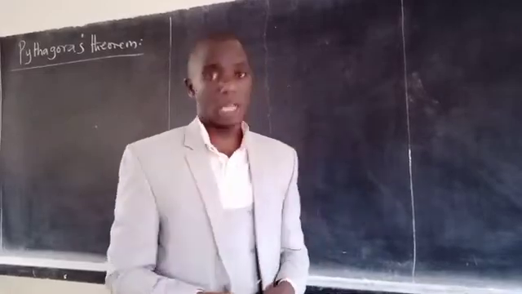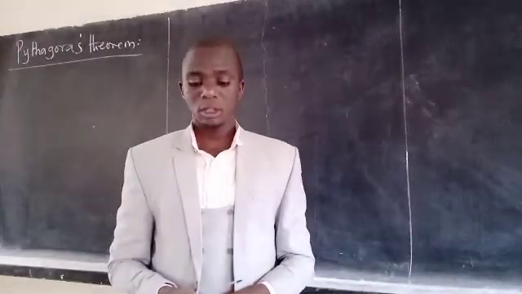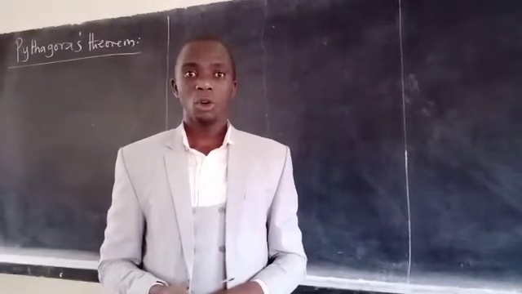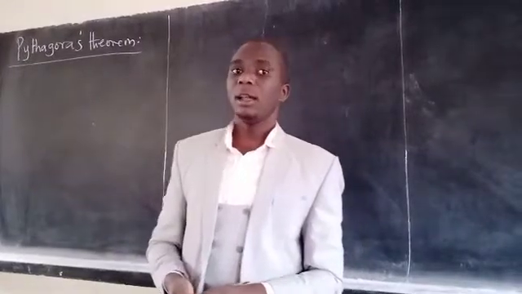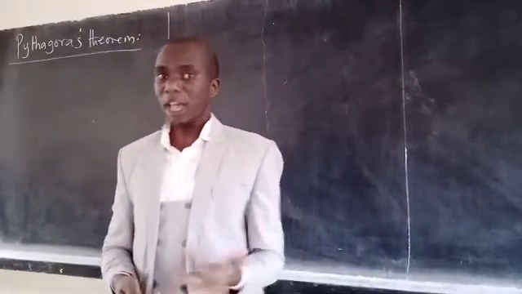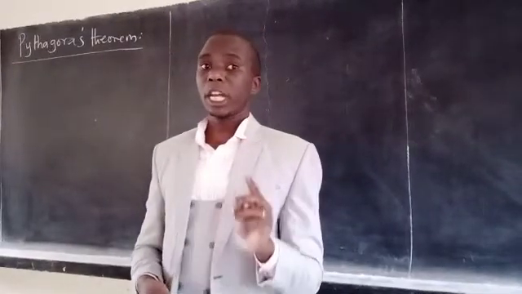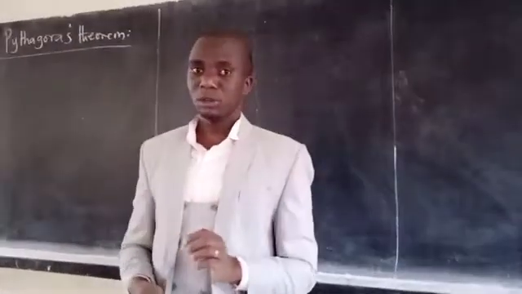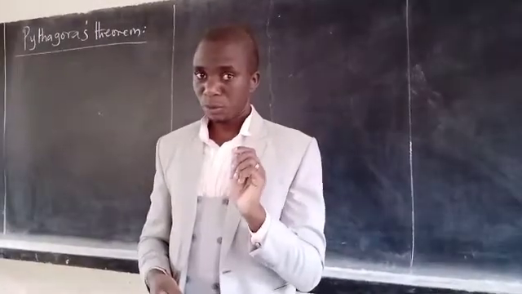If we are to continue with the lesson, we have done a lot as far as trigonometry is concerned. For reference, you can check in the previous lesson. The video is there. But as of now, we can get certain relationships from what we call the Pythagoras Theorem.